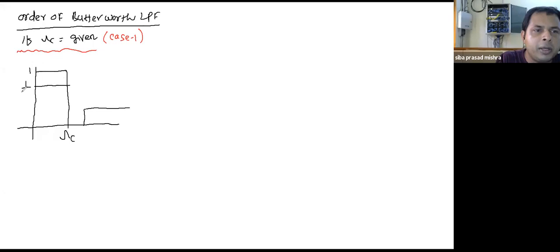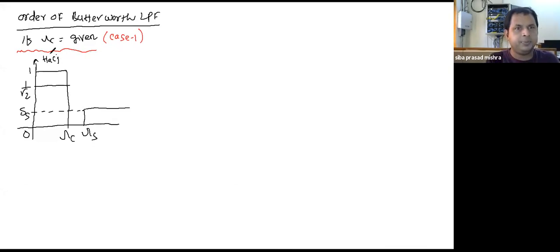This is 1 by root 2. This is omega_s, the stop band frequency. This is delta_s, and this is the magnitude of H(j omega). Now what is the magnitude of the transfer function of a Butterworth filter?